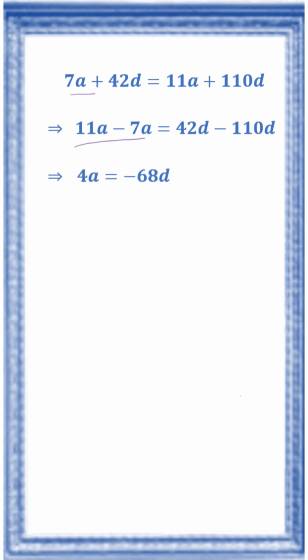What do you get? 11a minus 7a is equal to 42d minus 110d. 11 minus 7, what is it? 4a is equal to 42 minus 110, that is minus 68d. It implies that a is equal to minus 17d. Bring 4 to this side, minus 68 by 4 is minus 17d. Let this be equation number 1.